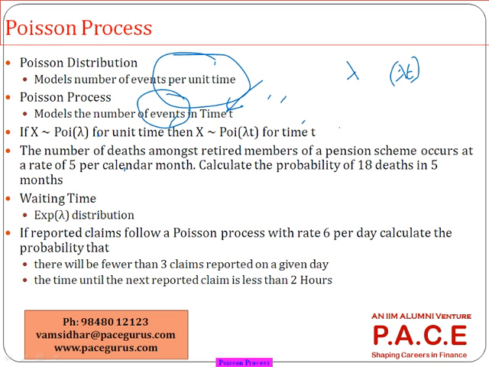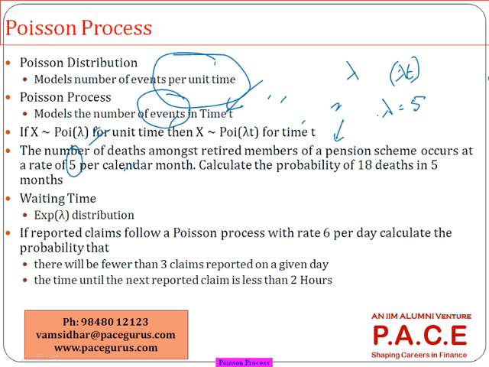Take this example: the number of deaths among the retired members of a pension scheme occurs at the rate of 5 per month. So the average rate is around 5 per month. What I am saying is lambda is equal to 5 as per this Poisson distribution.